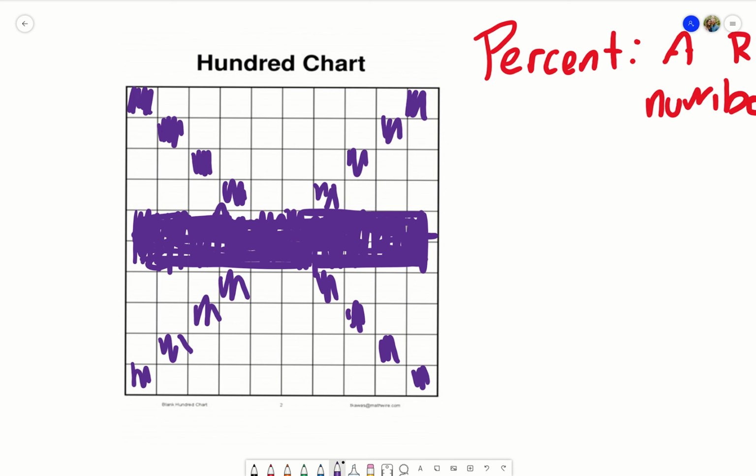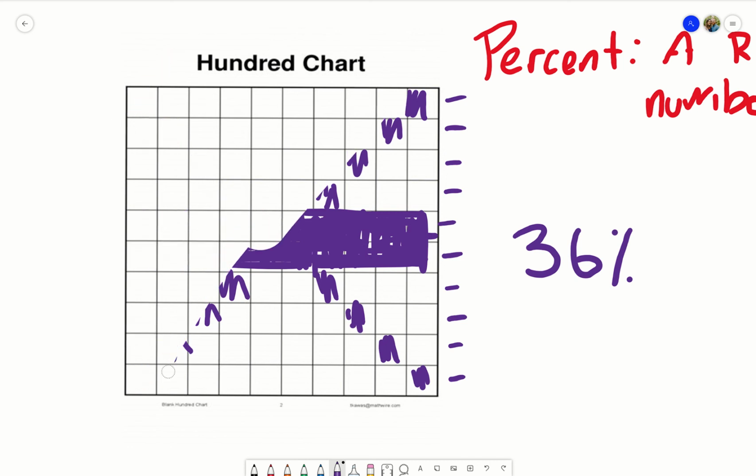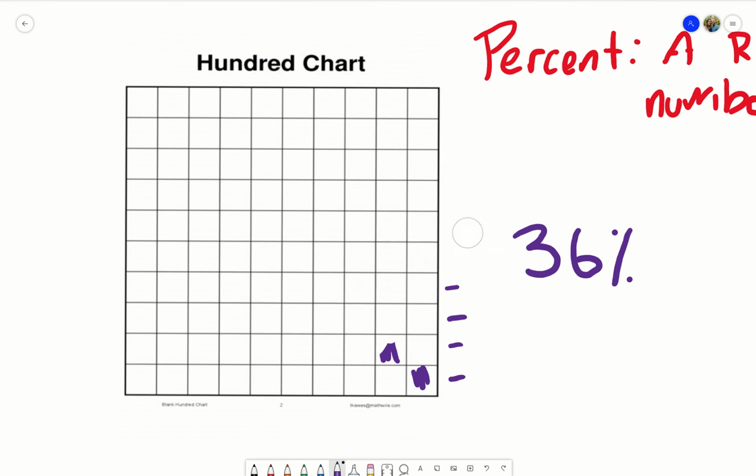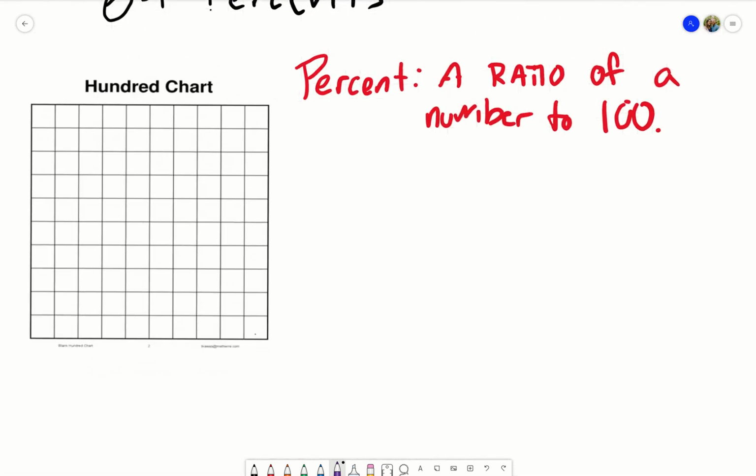Well, we can count. We know each row is 10, so this is 10, 20, and then we have 2 in every other row. So 20, 22, 24, 26, 28, 30, 32, 34, 36. I colored in 36% of my 100 chart. 36% of this is colored in. And that is how percents work. If we're using a hundreds chart, which we rarely do, but when we're using a 100 chart, it's how many squares are colored in out of 100.